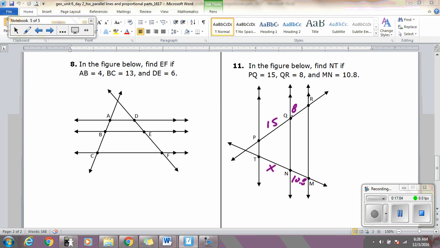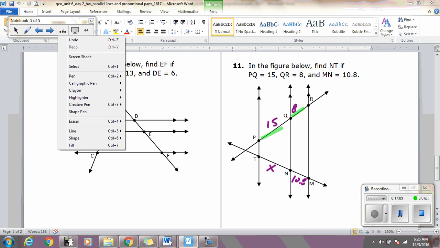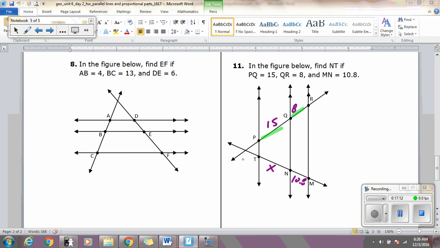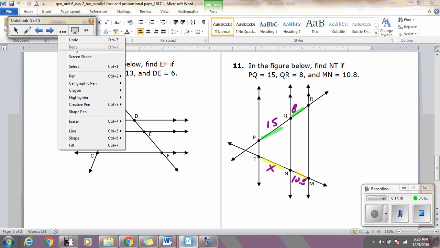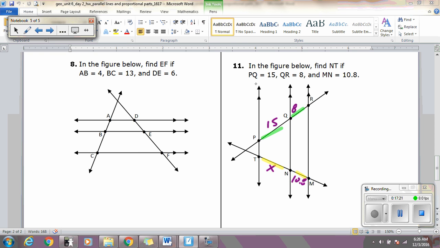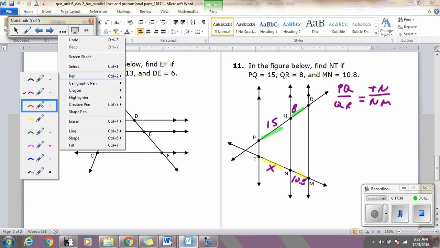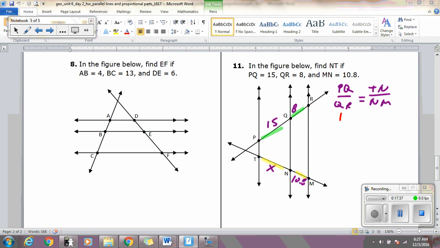We could say PQ is to QR as TN is to NM, sorry. So again, PQ is to QR as TN is to NM. So let's fill in the values. 15 is to 8 as X is to 10.8.